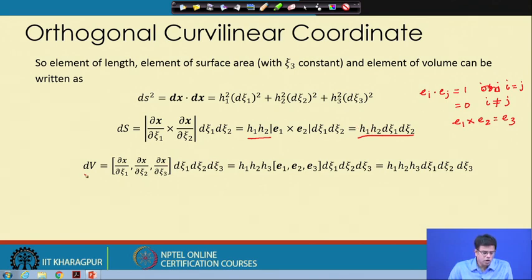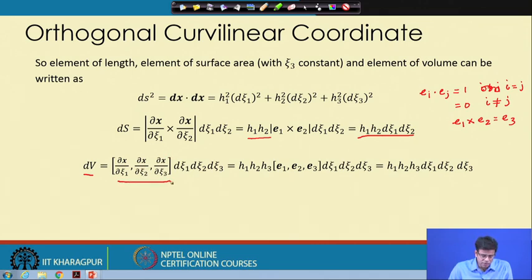Similarly, the volume of an element, which we know from Cartesian coordinates, is the scalar triple product of dx d xi1, dx d xi2 and dx d xi3.